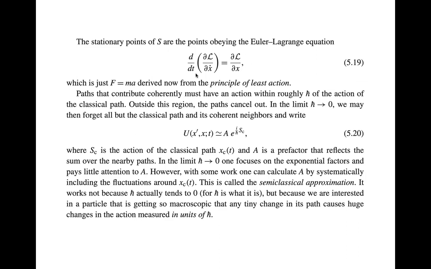The Euler-Lagrange equation: d over dt of the partial Lagrangian over partial x dot equals the partial Lagrangian over partial x.